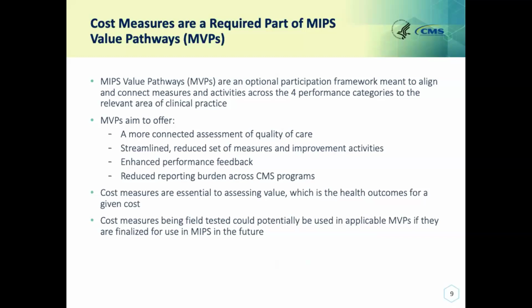The goal of the MVPs is to simplify participation in MIPS and to provide clinicians with a set of aligned measures across performance categories that are meaningful to their care practice. MVPs are required to include at least one cost measure, so this ensures that the value of care, or in other words, the health outcomes for a given cost, can be assessed.